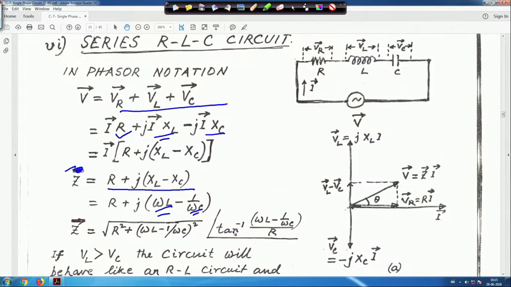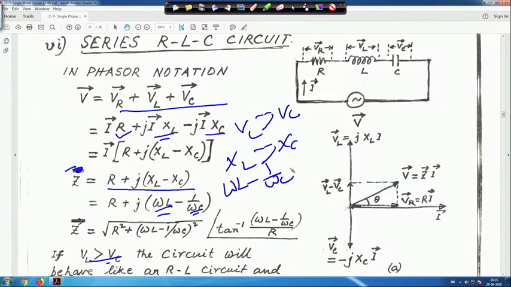Now, if VL is greater than VC, that is, if XL is greater than XC, the circuit will behave like an inductive circuit. If XL is greater than XC, then omega L minus 1 upon omega C is greater than 0, which means it is positive, so my angle theta will be positive.